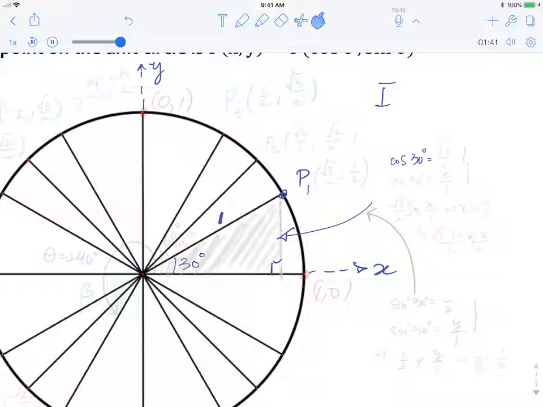Do we remember what that is? Cos of 30 is root 3 over 2. Okay? And from the triangle, we have cos of 30 as the adjacent, right? So the adjacent is what side? X or Y? The X. Okay, so I have the adjacent over my radius. In this case, we said being a unit circle is 1, right?